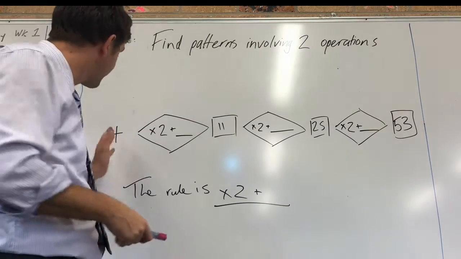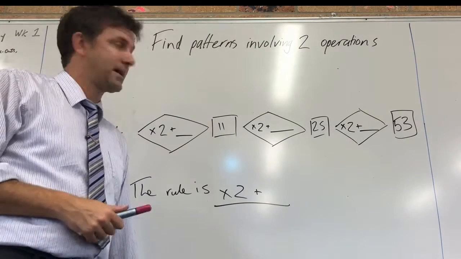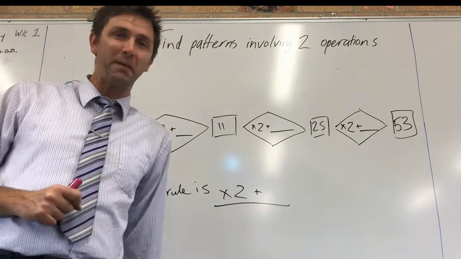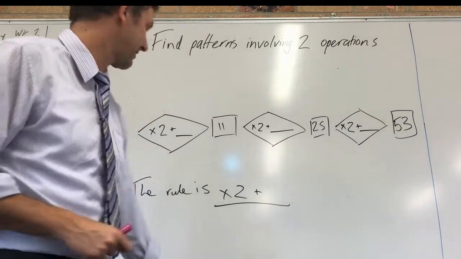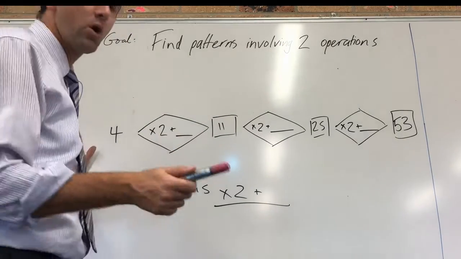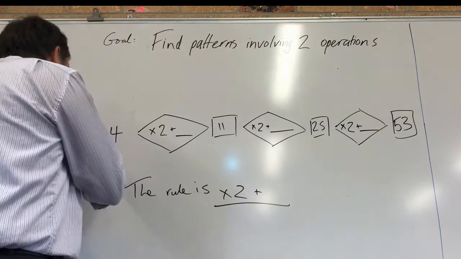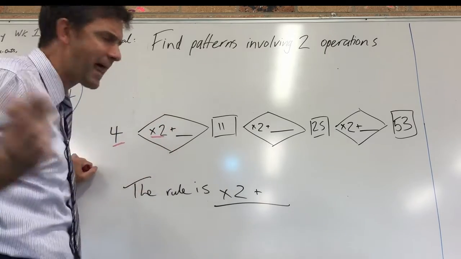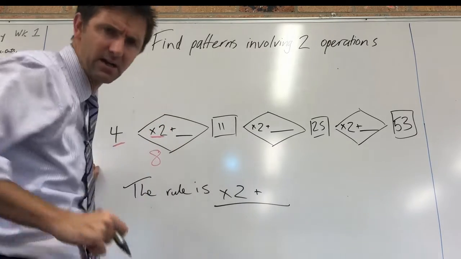How do we get from 4 to 11? And actually, it's less of a guess and check. I'm realising it's actually just a bit of a work backwards. My bad. Sorry about that, guys. We've got to work out how do we get from 4 to 11. If we times 4 by 2, 4 times 2, well, that equals 8, doesn't it?